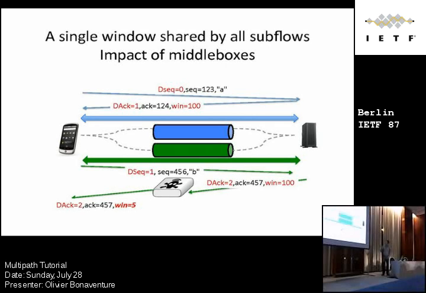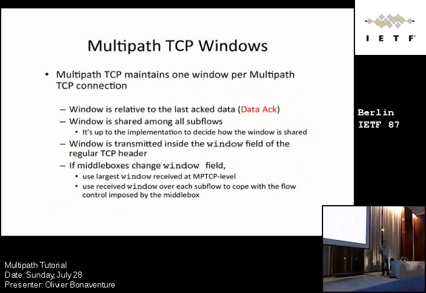And if a middlebox does this, then Multipath TCP will recognize that it should not send too much data there, to respect the window which has been imposed by the middlebox, but it will know that there are enough buffers on the server if it needs to retransmit data, so that we avoid the problem that I mentioned previously. So Multipath TCP maintains one window, and this is the window between the data sequence number and the data acknowledgement. And the information is always encoded inside the window field of the TCP header.